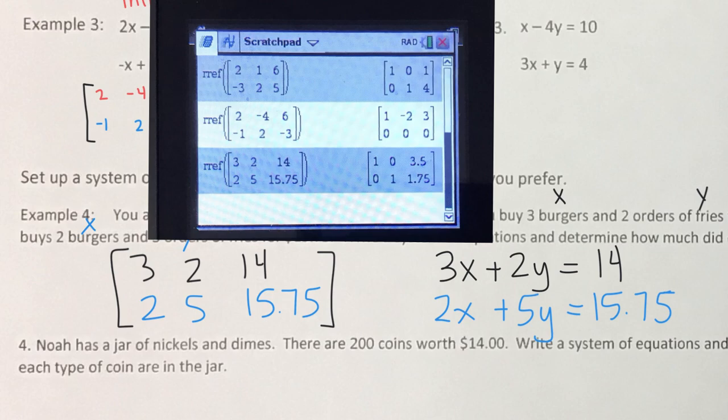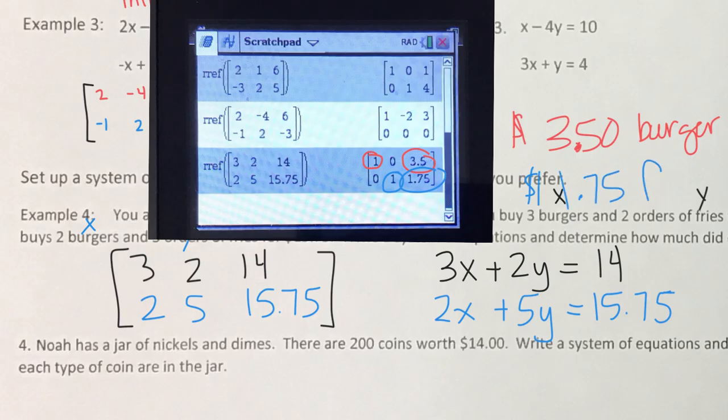So if we interpret this, our x is your burger. Our burger costs $3.50 for every burger. Burger, B-U-R, silly me. $3.50 for a burger, and 1 fry is $1.75.